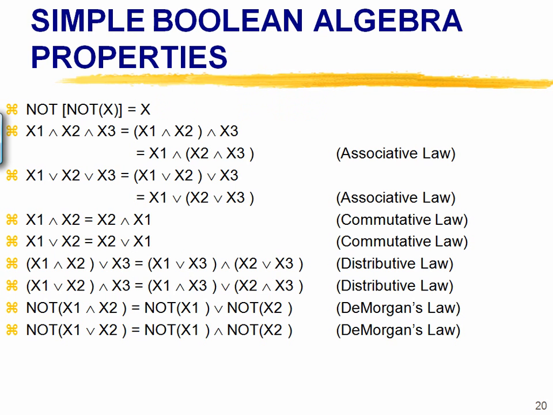Now, in general, we can look through all possible Boolean algebra operations. As long as we have a Boolean algebraic operation that we would like to perform, we can certainly do that on a binary image or multiple binary images that you're working with.